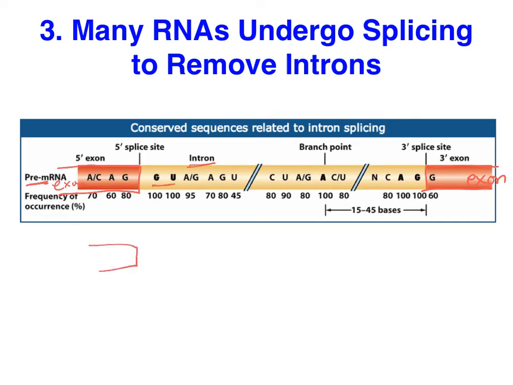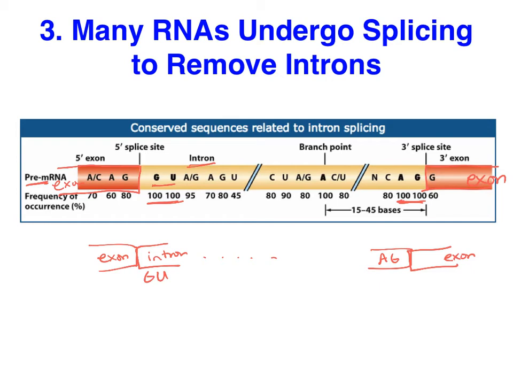You can see at the end of an exon, at the beginning of an intron, it's 100% likely that we're going to start with a GU. And then at the end of the intron, it's 100% likely we're going to end with an AG before we go into this next exon.